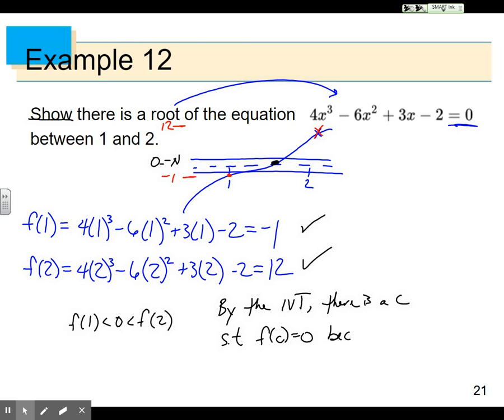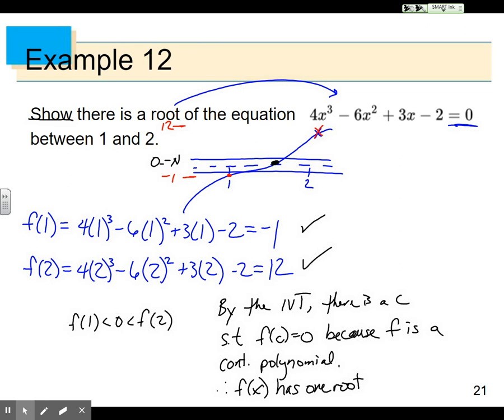because f is a continuous polynomial. Therefore, f of x has one root.